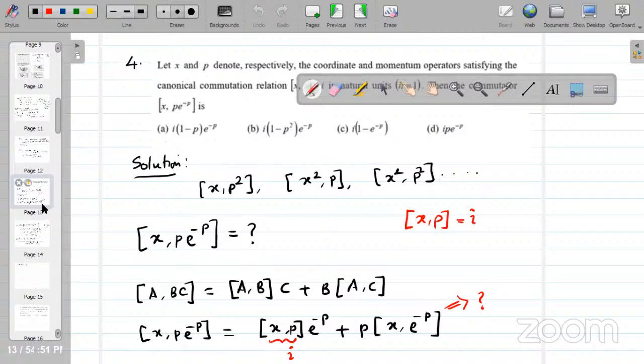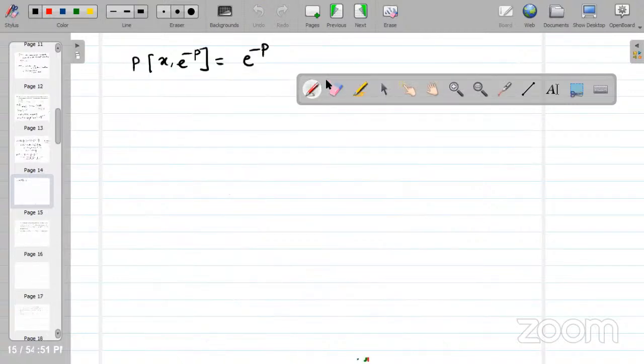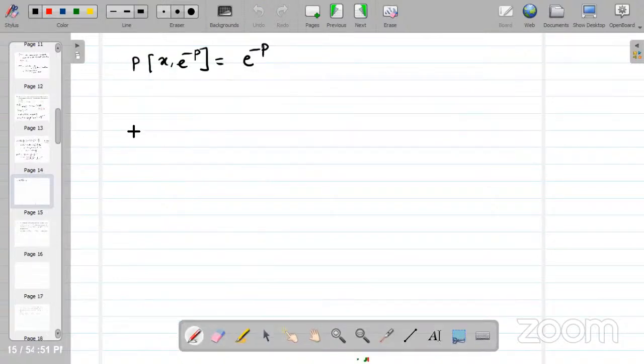So we have now x into e^(-p), i into e^(-p) minus i into e^(-p).